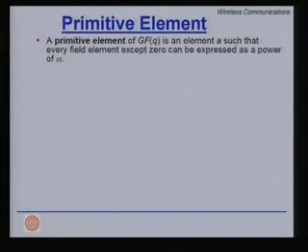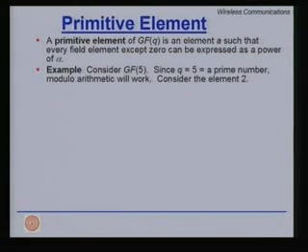Now, let us continue with our mathematical detour, and let us talk about something called a primitive element. A primitive element of GF(Q) is an element such that every field element except the 0 element can be expressed as a power of alpha, alpha being the primitive element.